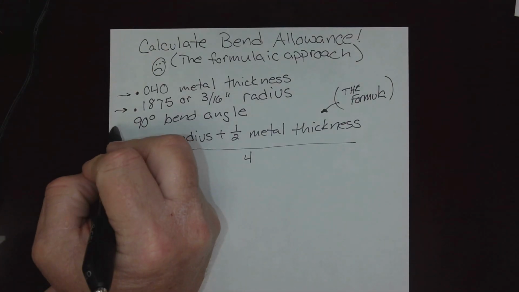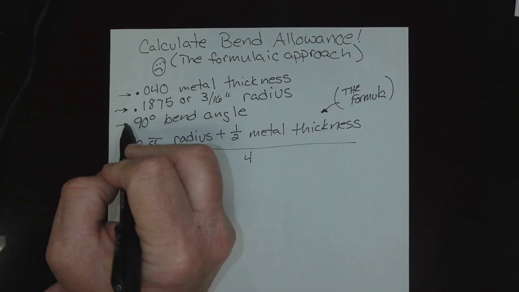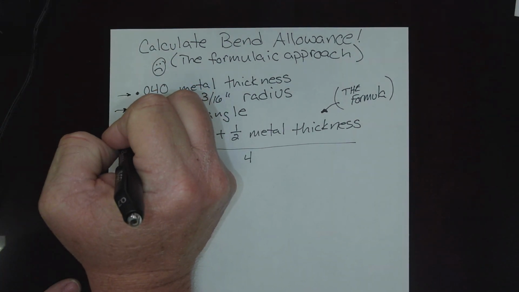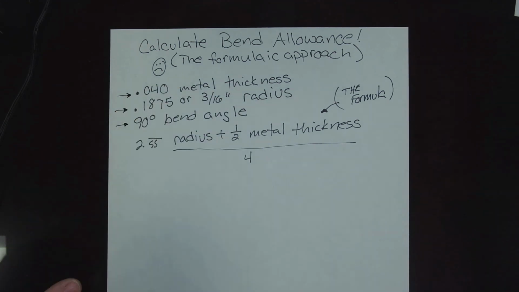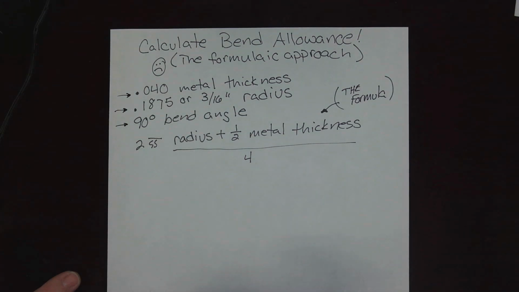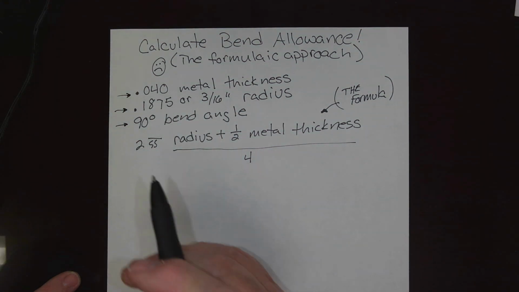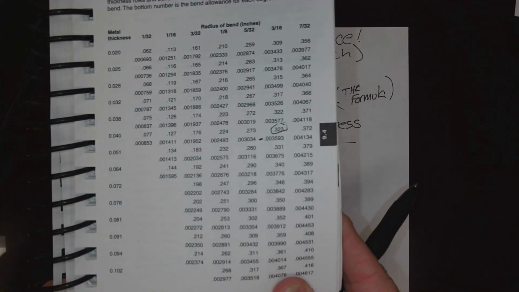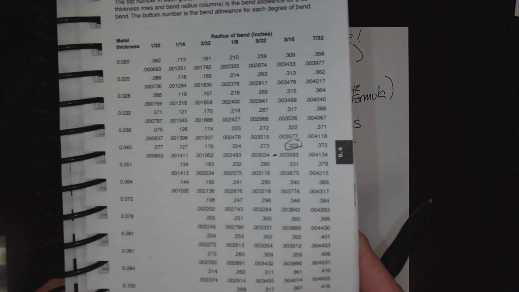And then finally, bend angle, same thing. So these are all things that are given to us or we find out through inspection and measurement. Once we have this information, metal thickness, radius, and degree of bend, we can solve for bend allowance if we don't have the handy dandy chart.